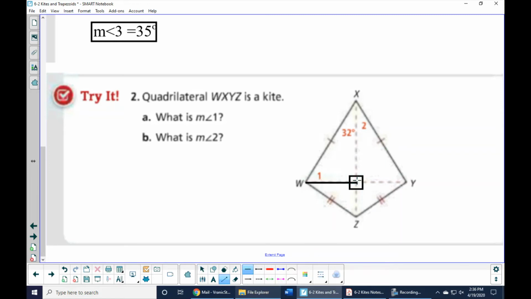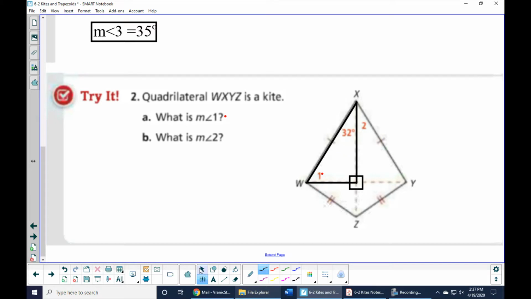So let's go ahead and think of this as another right triangle, okay? And the first question that they ask is, what is the measure of angle 1? Right here. So, measure of angle 1, once again, we have a triangle.